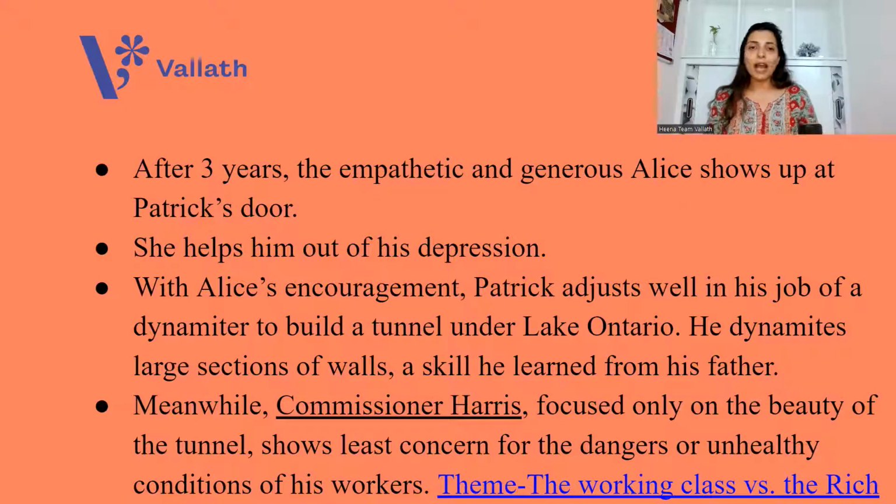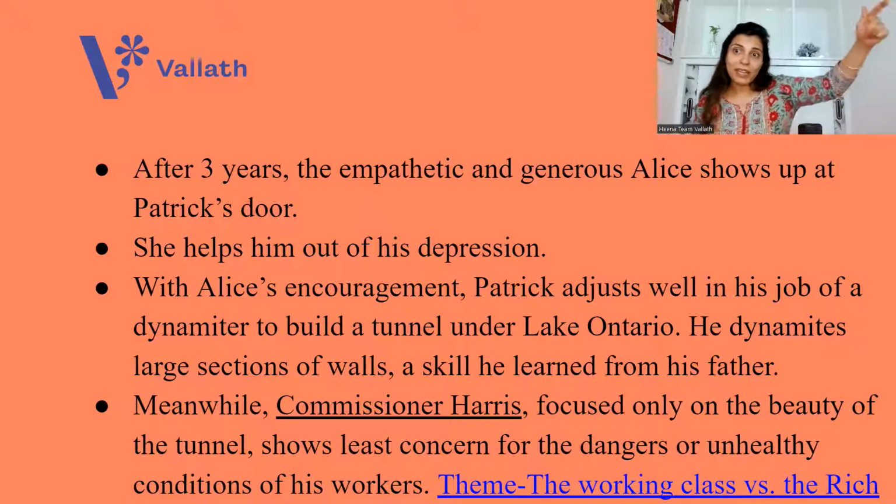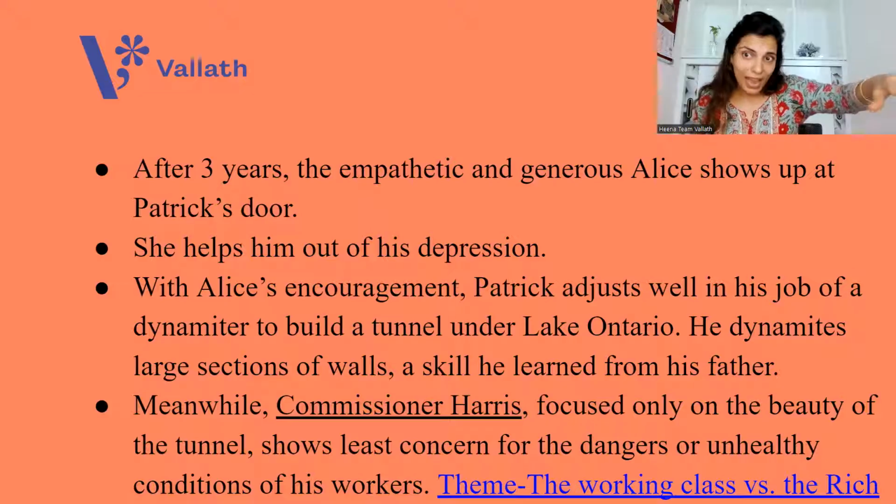Okay, so now a tunnel is being built under Lake Ontario, and here the dynamiter is Patrick. What does he do? He dynamites large sections of walls, a skill he learned from his father, right? Meanwhile, Commissioner Harris, do you remember Commissioner Harris? He was the one who was building the bridge where the nun fell off. Yes?